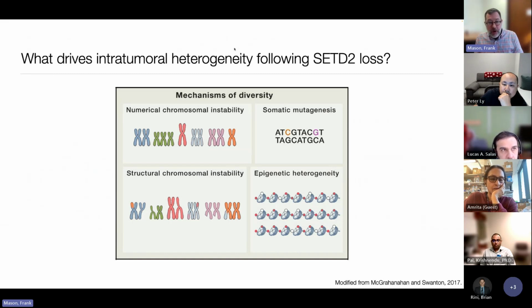Here showing numerical chromosome instability, meaning loss or gain of whole chromosomes, and then structural chromosome instability. You can see here with chromosomal rearrangements, and both modes of chromosome instability could induce somatic copy number alterations that might be sufficient to drive this heterogeneity.